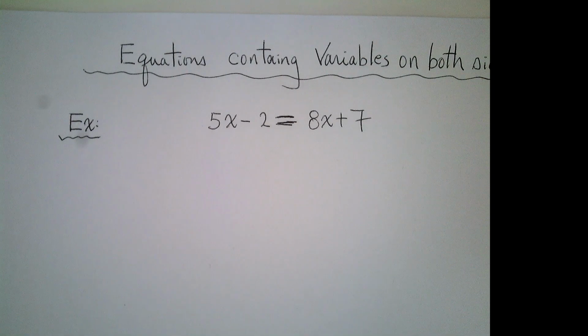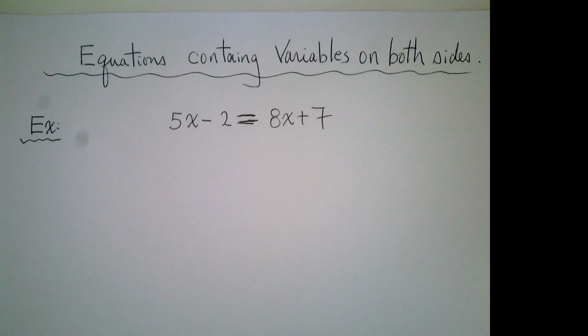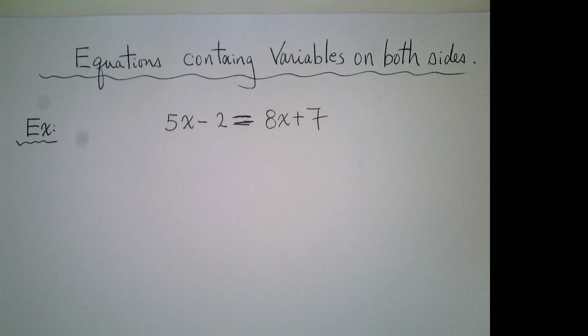So, equations containing variables on both sides. The assignment, which I'm going to assign one question once again to some people here. You are not supposed to do the question arithmetically, or get the answer by inspection, because that's not what you're learning.